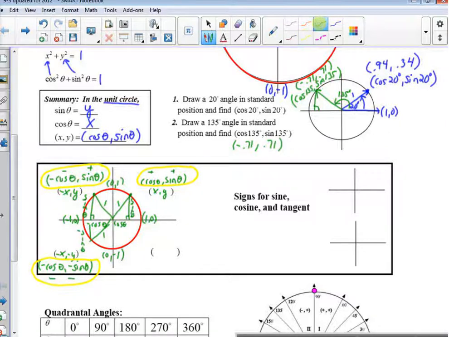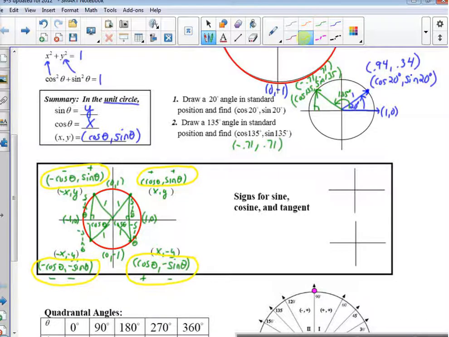And then if I draw, again, an identical triangle in quadrant 4, I'd have positive cosine going to the right, I'm talking about these points here on the unit circle. The hypotenuse is 1, and it would be negative sine going down. So this point here would be x comma negative y, which would be cosine theta, negative sine theta. So notice how cosine's positive and sine is negative.